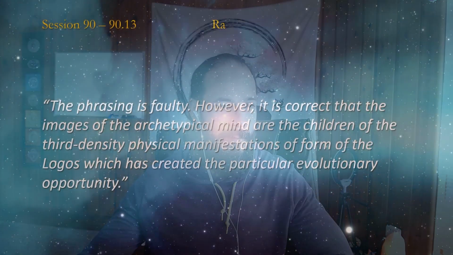Because they say that the archetypical mind, which we share with all the other planets in this particular star or sun, that shape, or the shape that is in the images, the humans there, they are the children of the third density physical manifestation of form of the logos, which has created the particular evolutionary opportunity. So yeah, it seems like it's the shape that we all share here in the solar system. Let's see what the next question says.